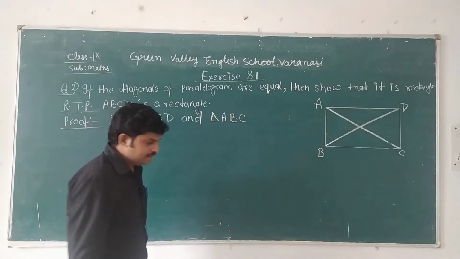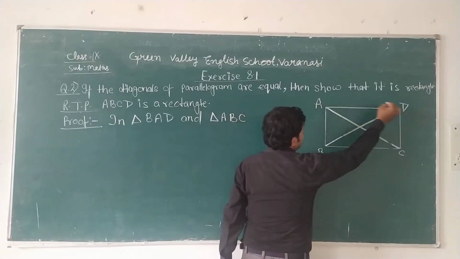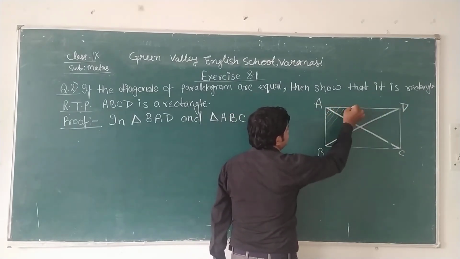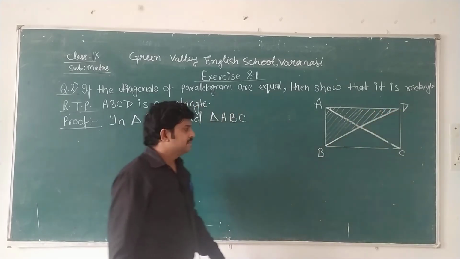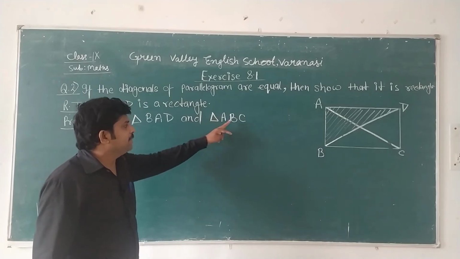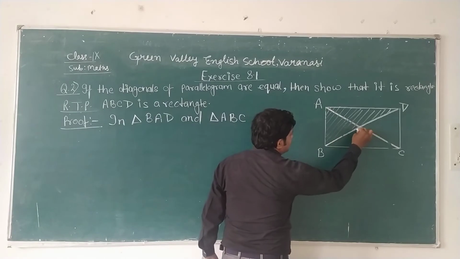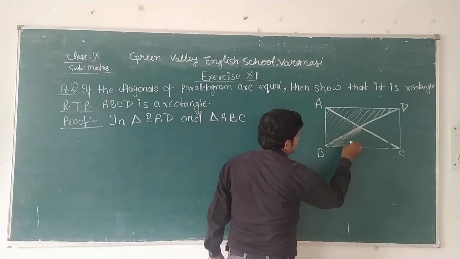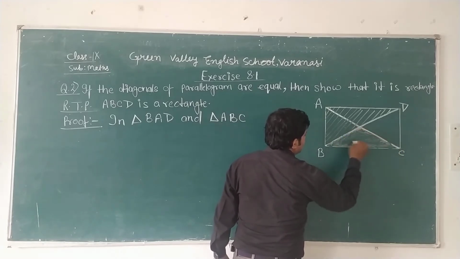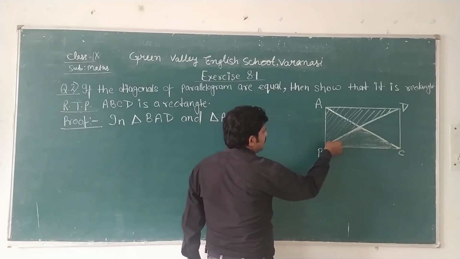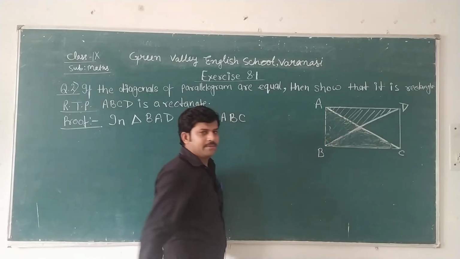So triangle BAD and second triangle ABC, this one has a common side.